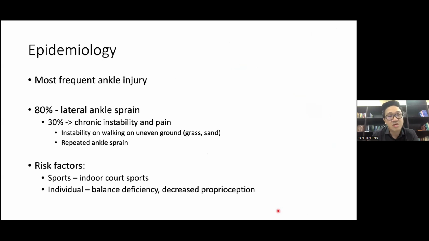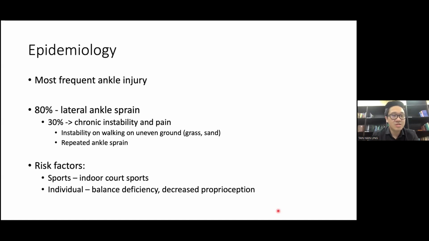So what is chronic instability? The patient feels the ankle going into inversion or sprain again when walking on uneven ground, such as grass, sand, or uneven pavement. Sometimes they also have repeated ankle sprains, for example up to 2, 3, or even 5 times per year.